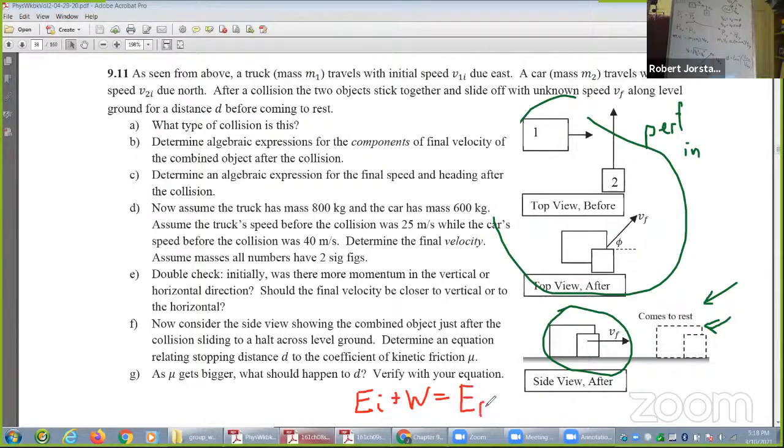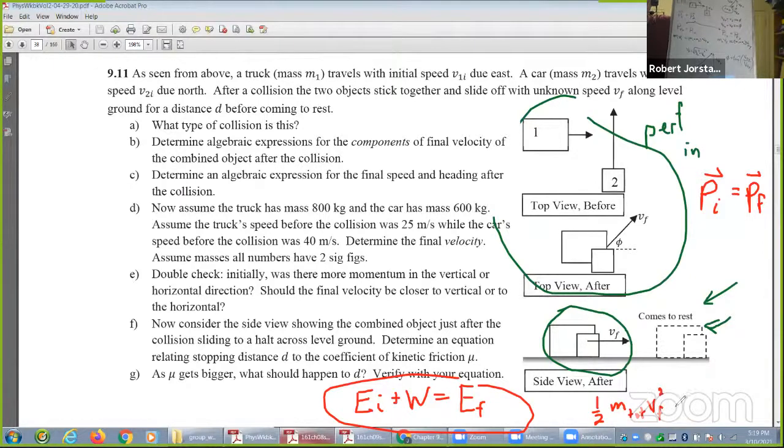Here's the deal. When two objects collide, we're going to do a momentum problem. When you have one object sliding around, we could do forces and kinematics, or we could do energy. Energy is pretty quick, right? Because the initial energy is 1/2 m total v final squared, right?